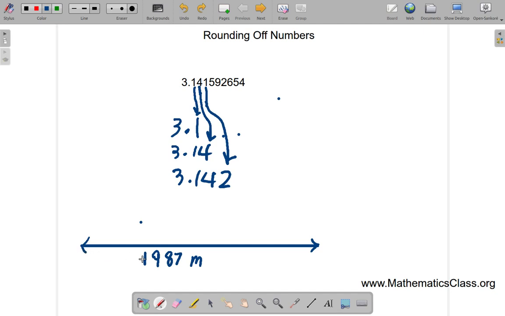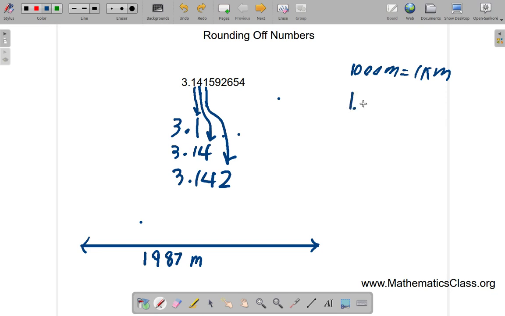But then you're asked to write it to the nearest whole number, or put the values in kilometers. It's the same as writing 1,000 odd meters to the nearest whole number, because you know that 1,000 meters is equal to 1 kilometer. How do you write this in kilometers, to the nearest kilometer?